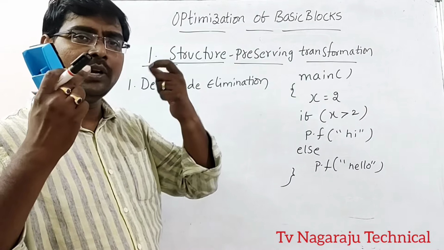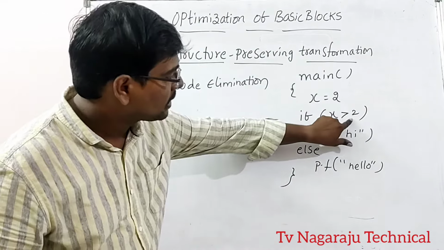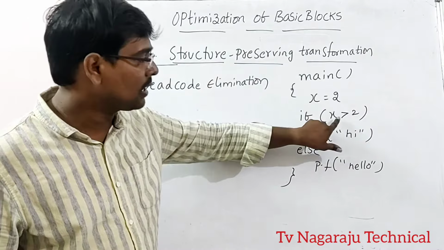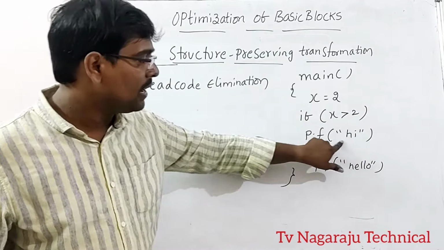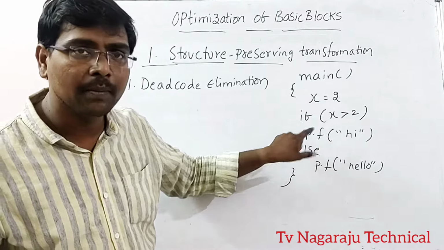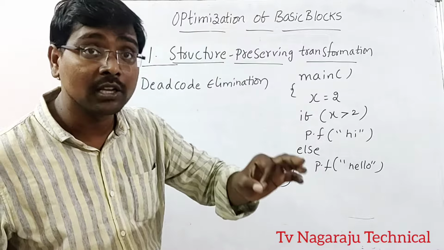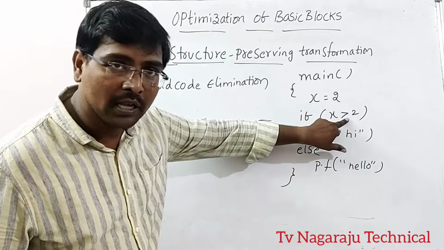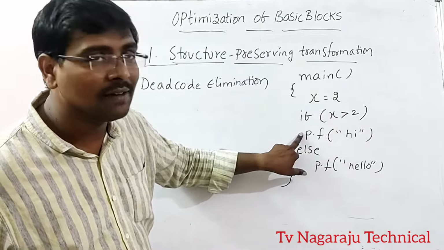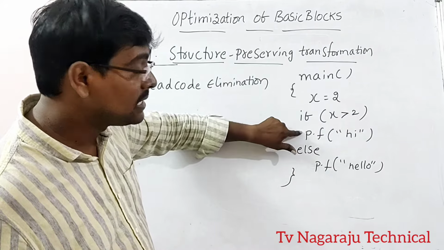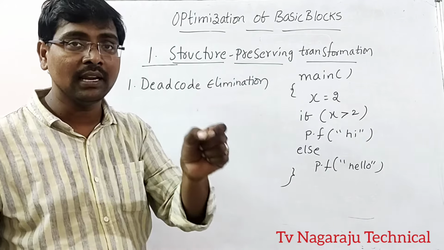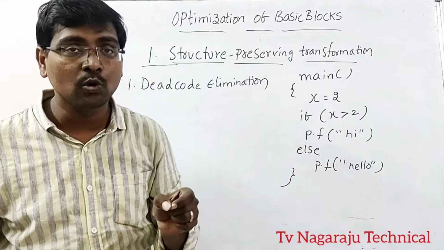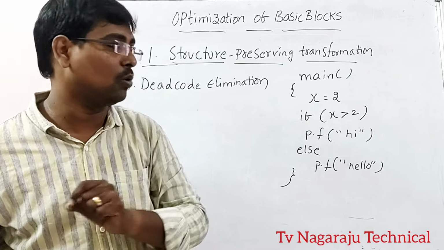If you execute it any number of times, the condition is false only. Why? The x value is fixed, the condition is false only, and this hi printf statement is never executed. If this condition is always false, this statement is never executed. This is called dead code. Dead code means a statement that is never executed, unreachable code.